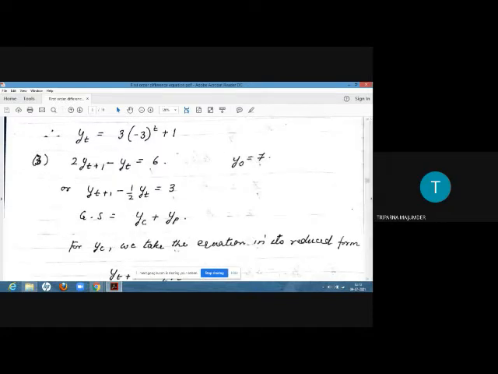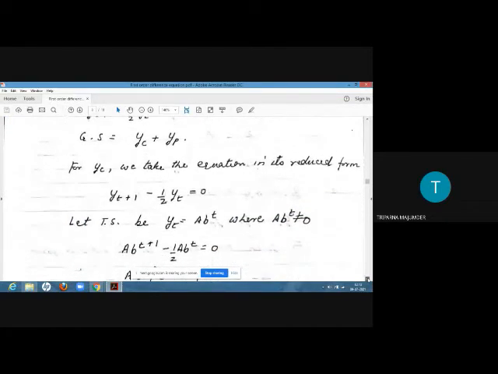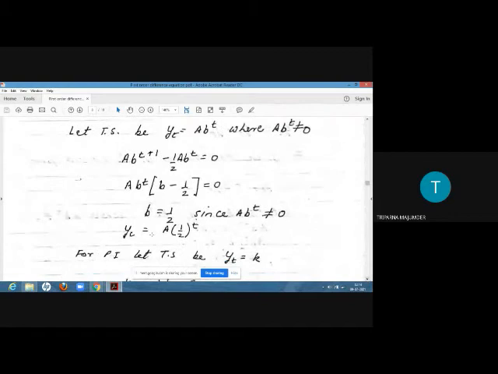For yc, we take the equation in its reduced form, that is yt plus 1 minus half yt is equal to 0, and proceed with the previous steps in order to get yc equal to a into half to the power t.